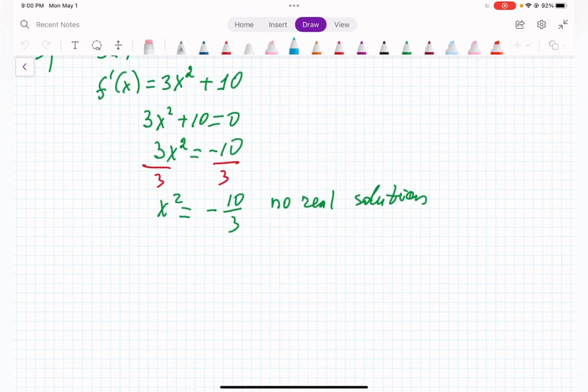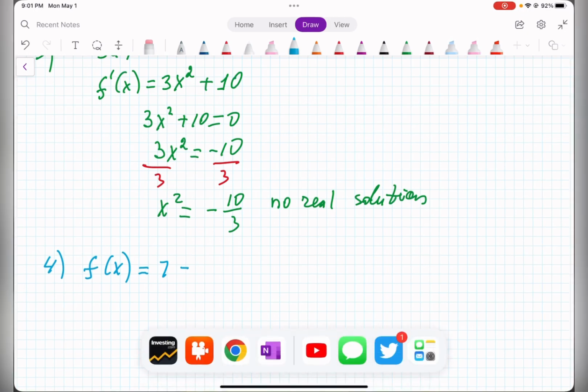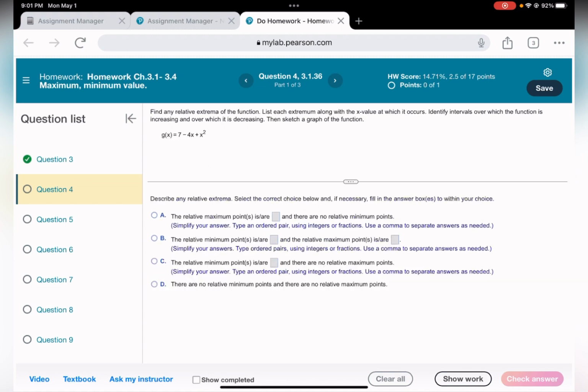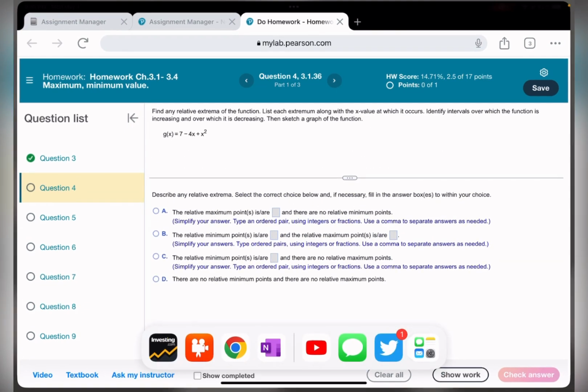Number 4. Seven minus 4x plus x squared.